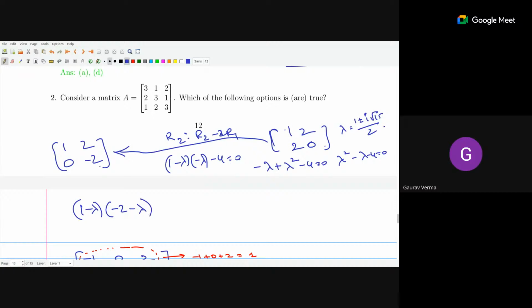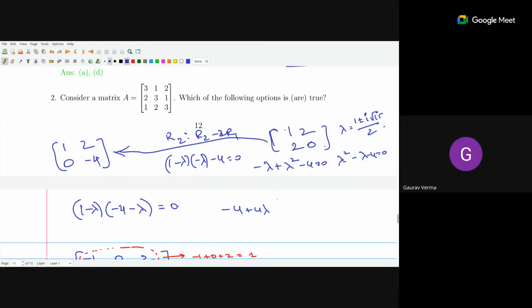Won't it be minus 4 in the second row? Reduced form will be 1, 2, 0, minus 4, right? You do R2 minus 2 R1, right? Yes.